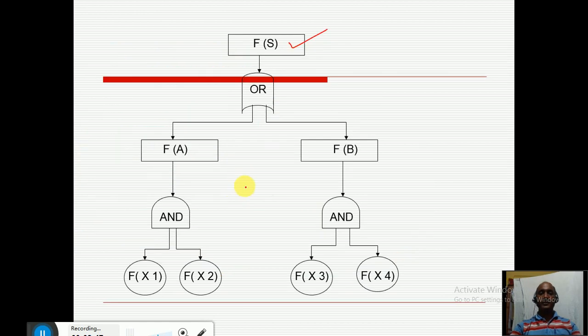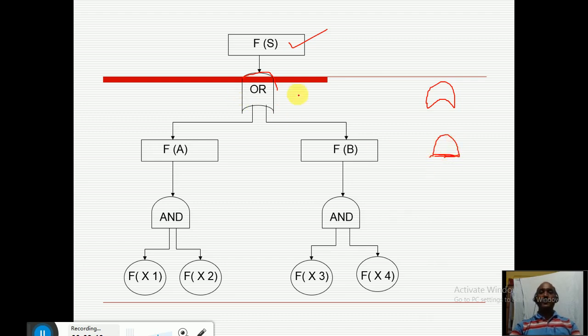Okay. So the system will fail if either FA or FB fails. So that's why this OR symbol is there. So OR symbol must be written this way. Okay, and AND symbol must be written in this way, straight line or half circle, or the semicircle.